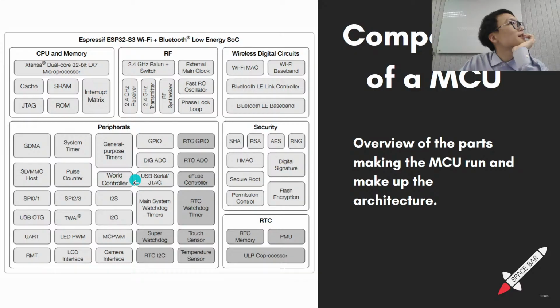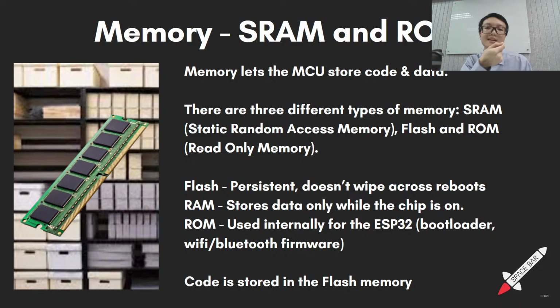So even if you restart the ESP32, it stays there. So the flash is ideal for storing code. And read-only memory, that's used internally for the ESP32 for its proprietary Bluetooth firmware and bootloader stuff. But we only care about the RAM and flash, because code is stored in the flash.